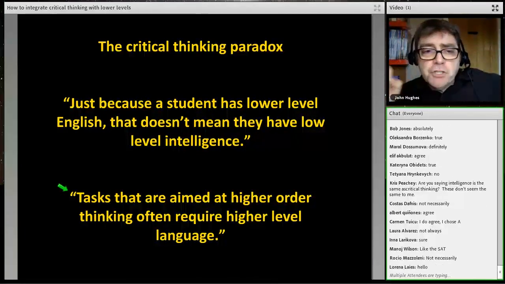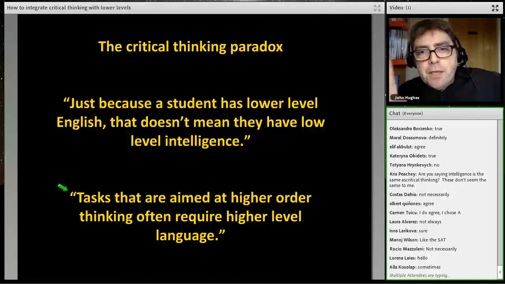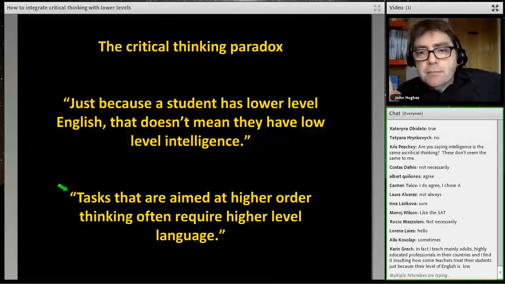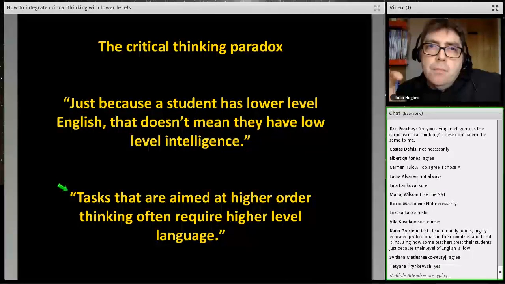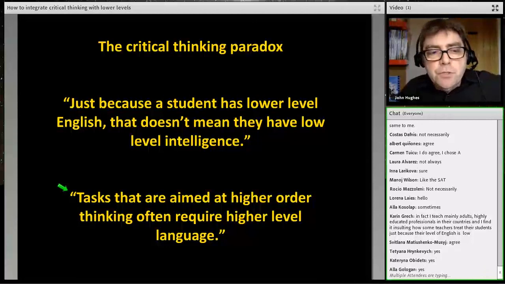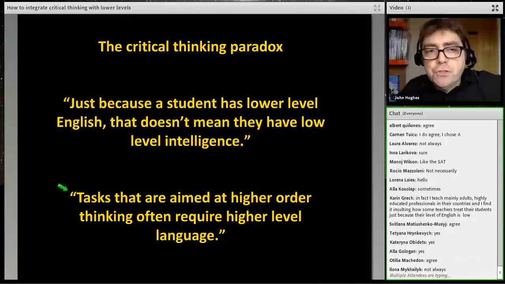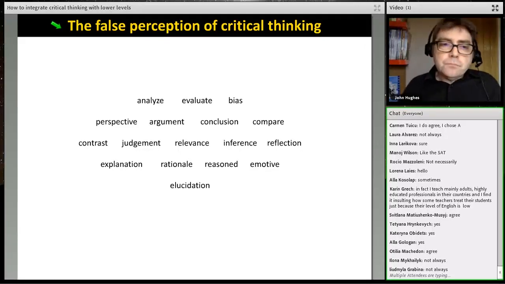And that's quite a challenge, or it can be sometimes. Now, I think one of the reasons that teachers often don't do critical thinking tasks with lower levels is because we often seem to use high level language to talk about critical thinking. So there is what I would call a false perception of critical thinking.